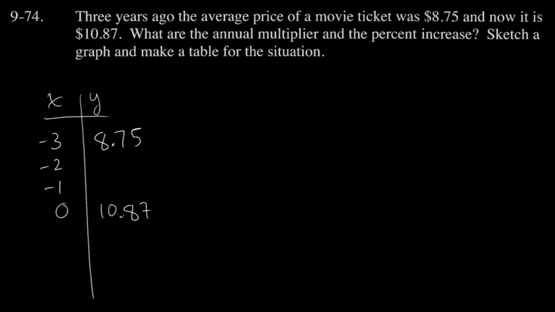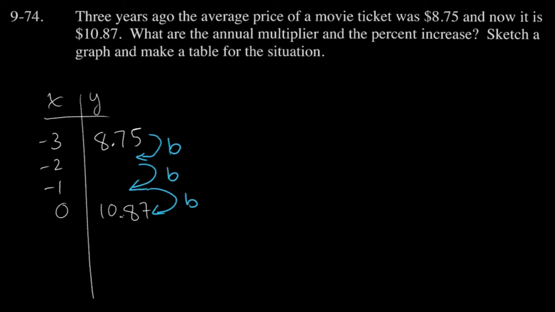So I know that if I start with the number 8.75 and I multiply it by my multiplier once, I'm going to get year -2. If I multiply that by my multiplier again, I would get year -1. And if I did it one more time, right, I would be at year 0.